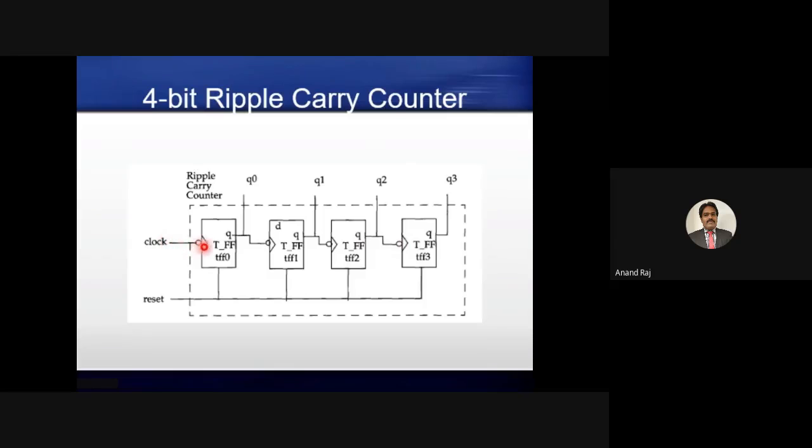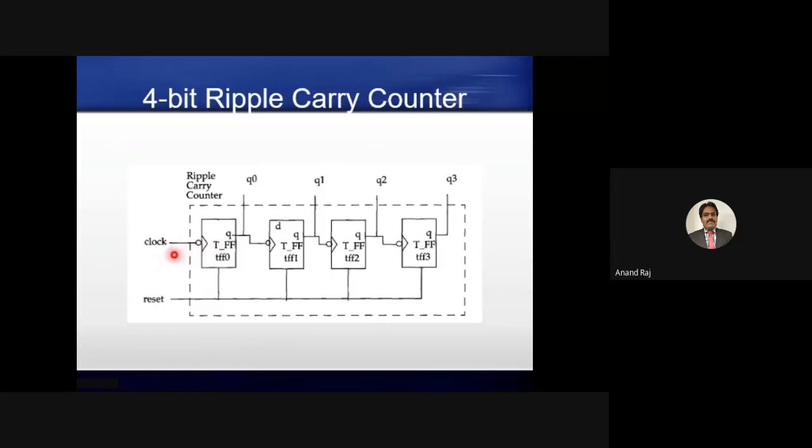And you can see that there is a bubble for the clock input. This indicates that it is a negative edge triggered. A bubble and a arrow inside the square indicates that it is edge triggered, and bubble indicates it is negative edge triggered. So the meaning of negative edge triggered is only for the negative going transition of the clock. That is, when the clock makes a transition from 1 to 0, the flip-flop will be active. And as per the characteristics of the T flip-flop, when the T flip-flop gets an active clock, it toggles the output.